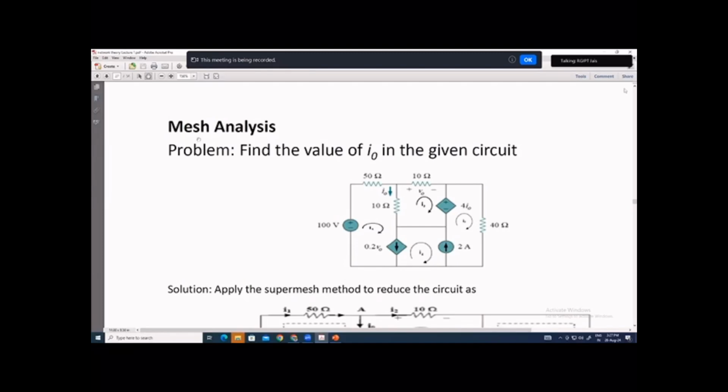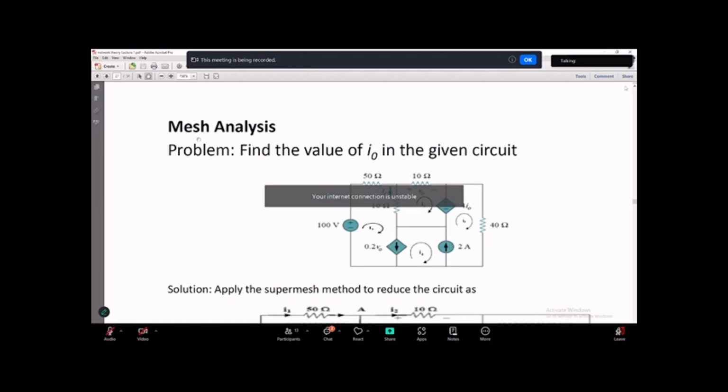But in theory class, this is the last we are doing, because supermesh and supernode will also come, so things will become a bit more complex from now on. Please, if you have any doubt in this circuit, let me know.